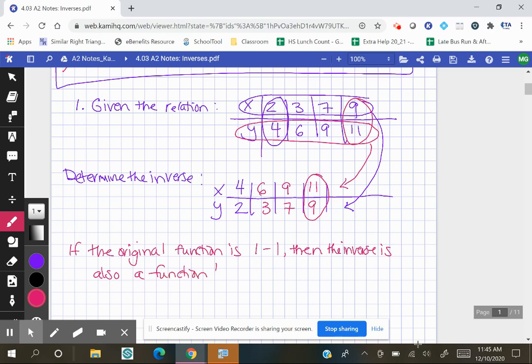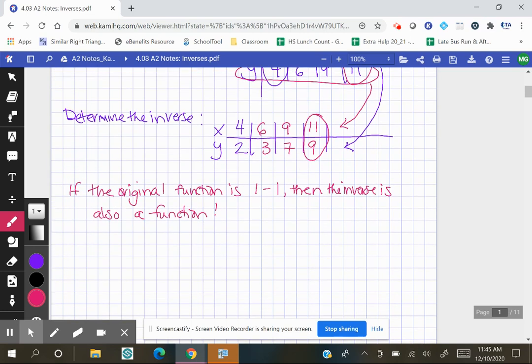Well, what does that mean, 1-to-1? Well, a 1-to-1 function passes the horizontal line test. So it's kind of the opposite of our vertical line test of being your function.